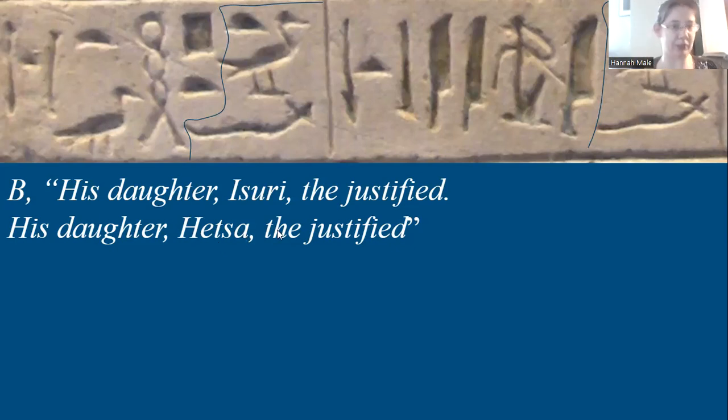I think this register is Hetessa because I think that capital H is in fact a dotted H, which is that hieroglyph. But again, that part I don't know for sure. I just know for sure that this chunk of hieroglyphs and this chunk of hieroglyphs here both say his daughter. So that's how I know that this is the general hieroglyphic chunk, but the details I'm a little bit unsure about.